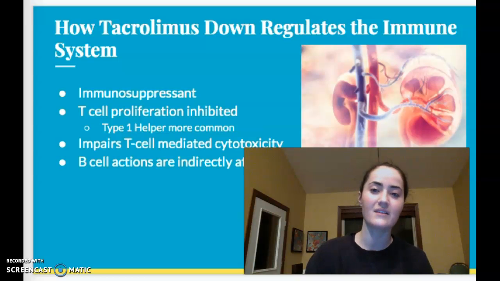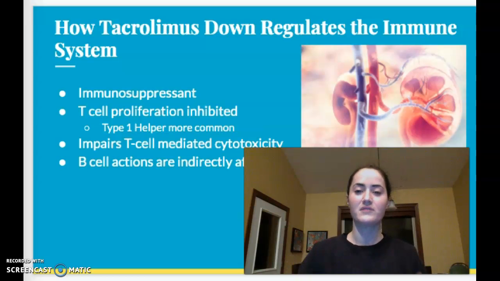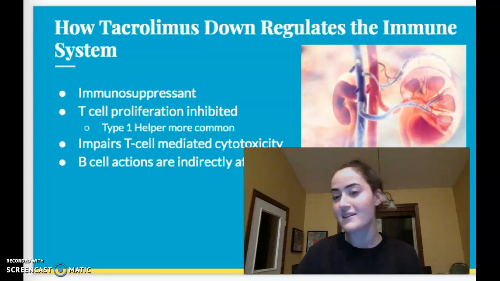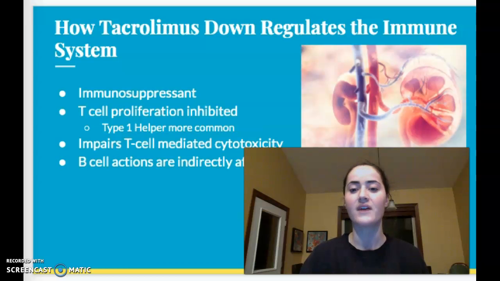Because the T cells are decreased in concentration, you're going to have an impact on those B cells. That's an unintended side effect, but both of those mechanisms work and have a compounding effect to decrease the activity of the immune system.